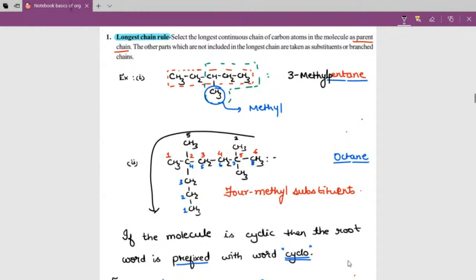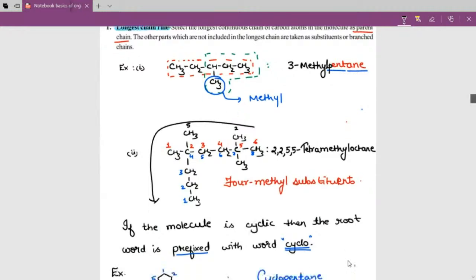So it is going to be 2,2,5,5-tetramethyloctane. Is it okay? Moving to next.